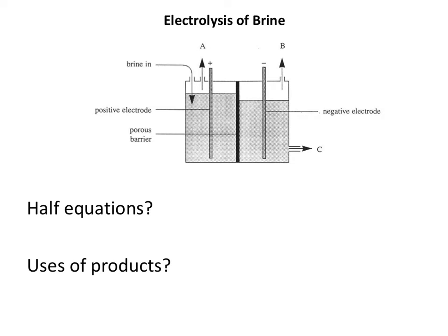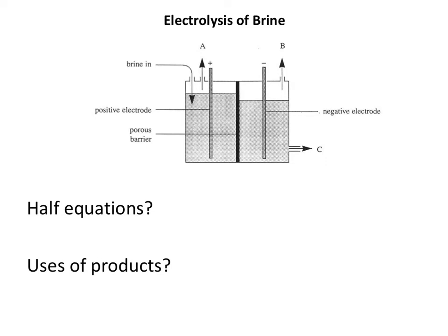And between the anode and the cathode we have a porous membrane. Now we need the porous membrane because our two gaseous products, A and B, actually react. So we need the porous membrane to stop the two gases from mixing and therefore reacting.